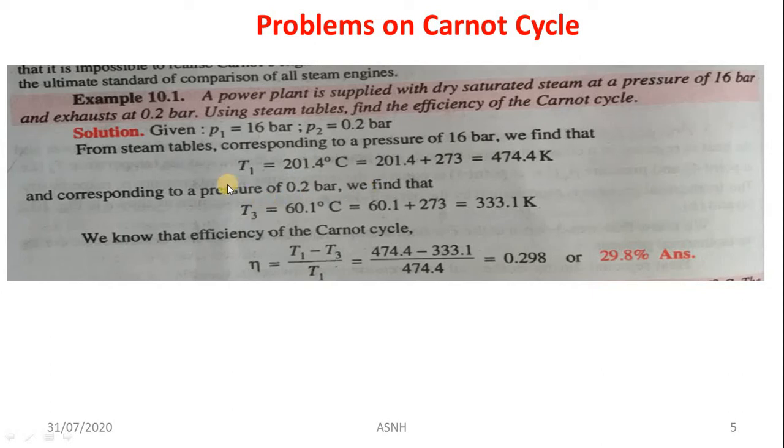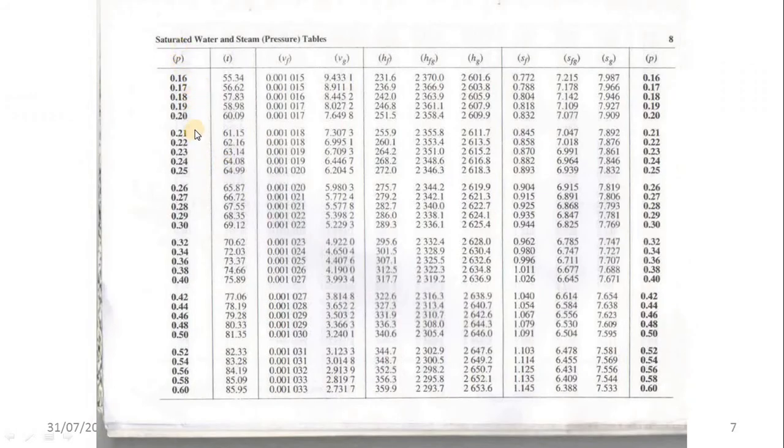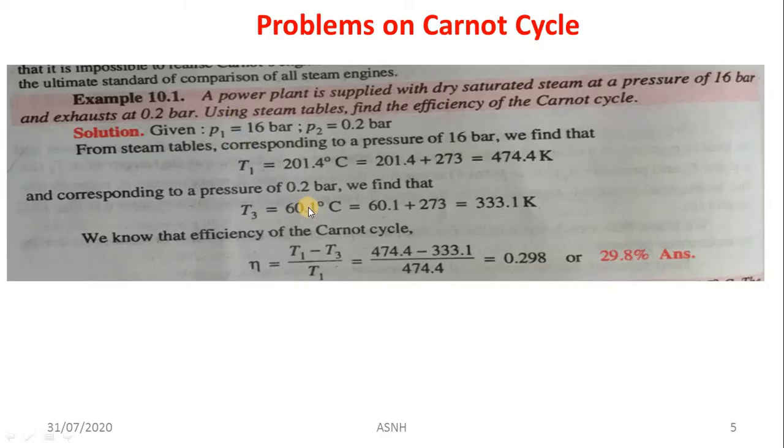In a similar way, corresponding to pressure P2, we find T3 with the help of the steam table. Here the pressure is 0.2, and its adjacent value is the temperature. For 0.2 bar pressure, the temperature is 60.09, which is around 60.1.